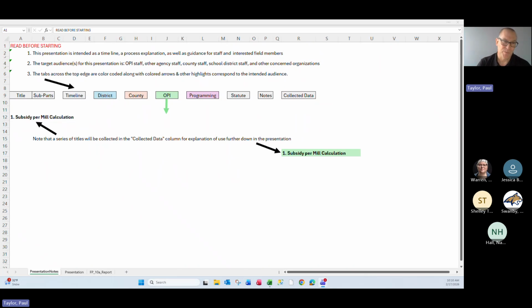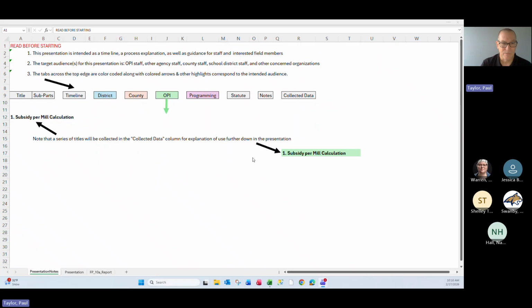I have Jessica Bird with me from Missoula County. I have Nancy Hall with me from the Office of Budget and Program Planning at the Governor's Office. And I have Shelley Turner, the director of the MASBO organization.